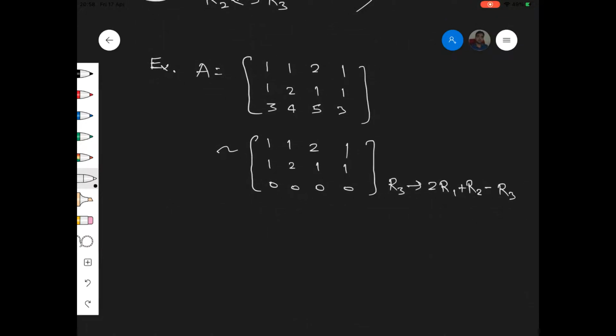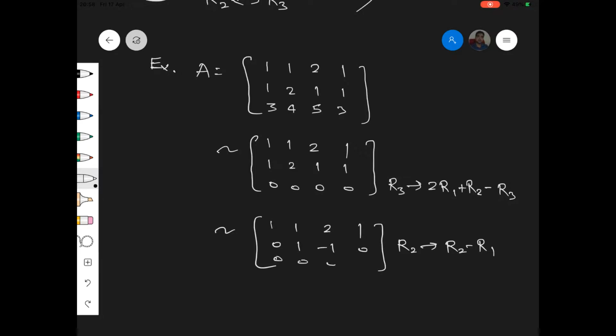Further, we can apply one more fundamental row operation for the second row, where R2 is replaced by R2 minus R1. So it is 1 minus 1 is 0, 2 minus 1 is 1, 1 minus 2 is minus 1, 1 minus 1 is 0, and the third row is 0 0 0 0.